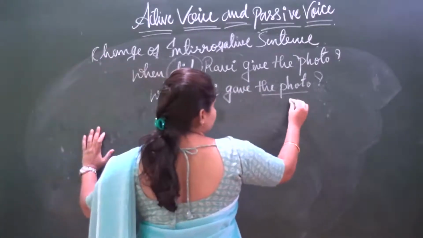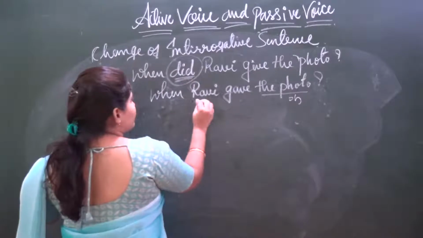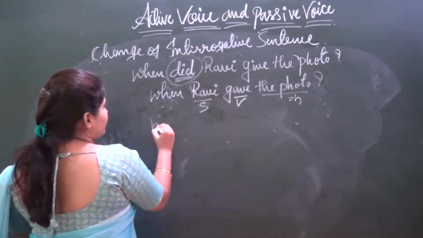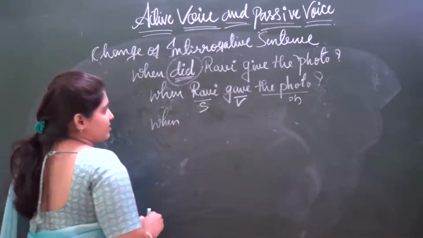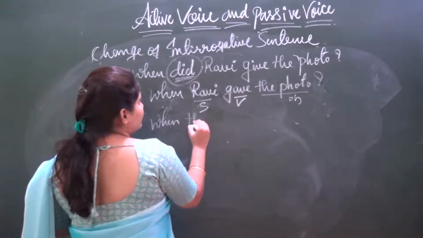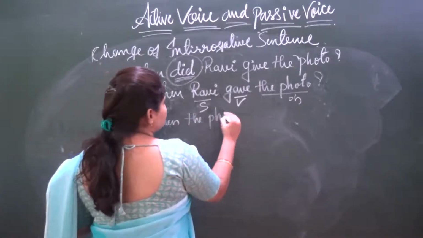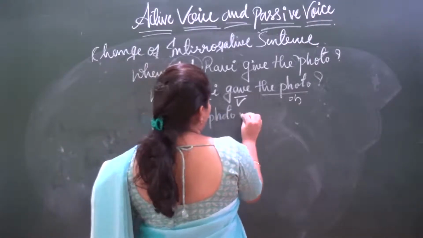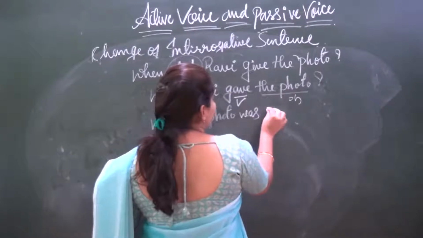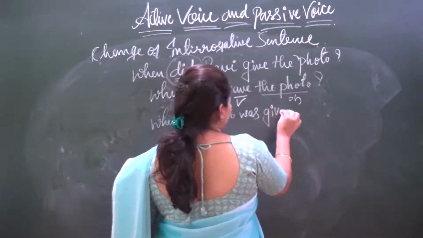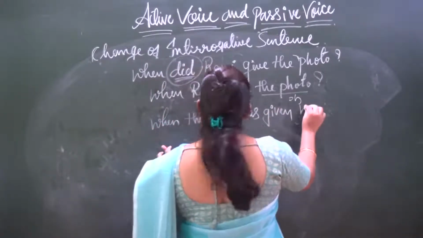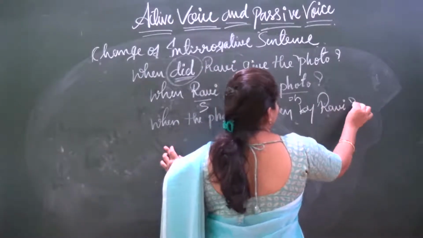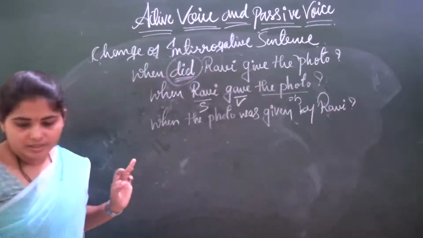The photo, it is the object, then subject, verb. "When", place it as it is. When the photo was given by Ravi. Right?